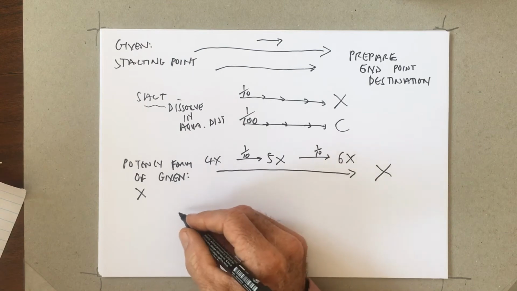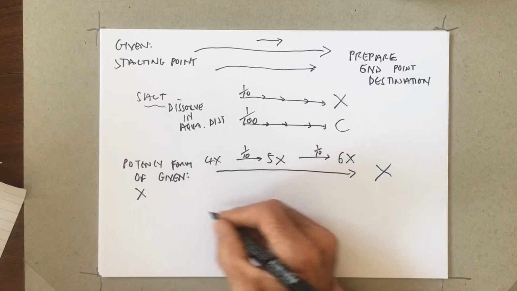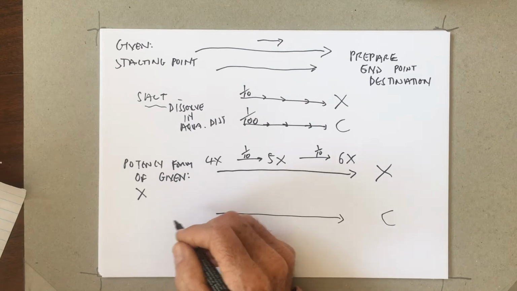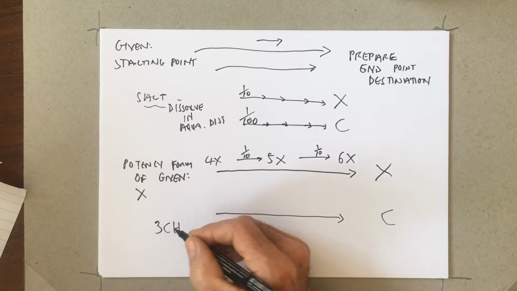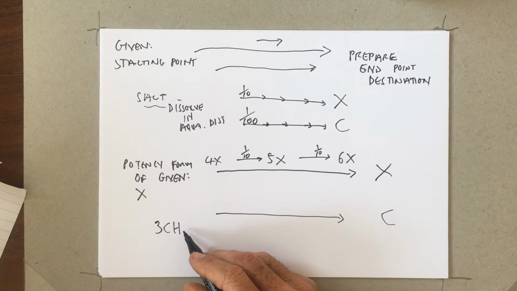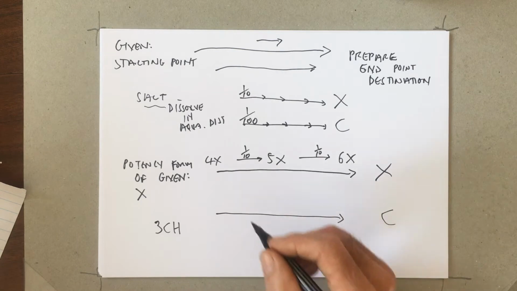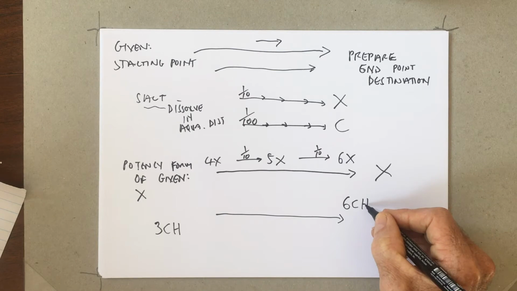Now, similarly, we could have been given something on the C scale. We could have been given a triturate, for instance, a 3CH. We would then partially dissolve that in aqua distillata and then complete the process of making 4CH with 60% alcohol. And here we might be asked to produce, let us say, a 6CH.